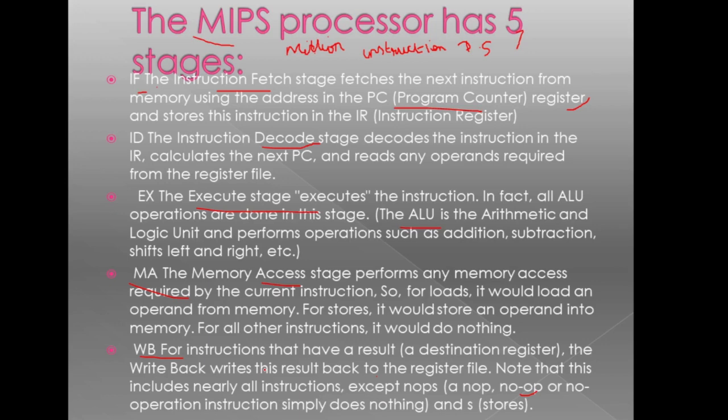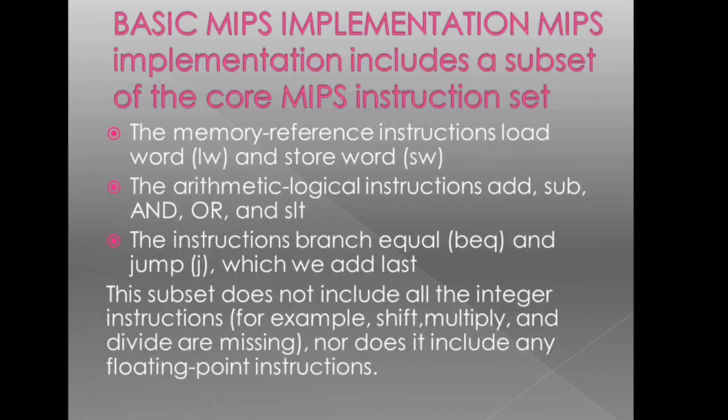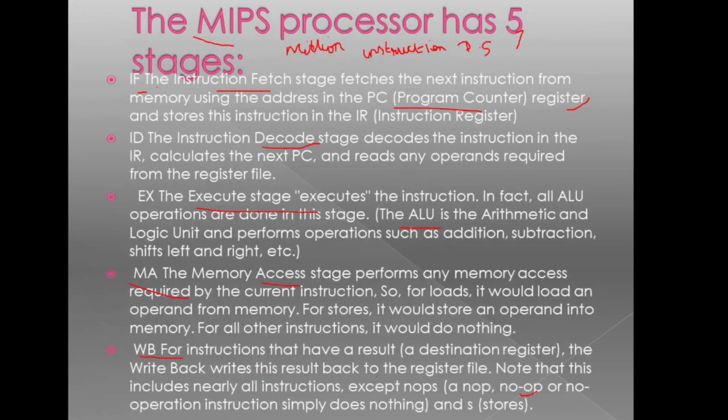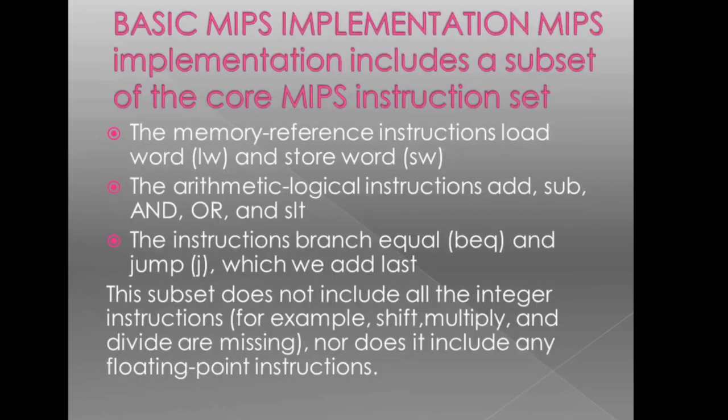So this is the fifth stage of MIPS operation. So these are all the five stages of MIPS operation. This is one of the questions asked in the exam in Part B as well as in Part C.